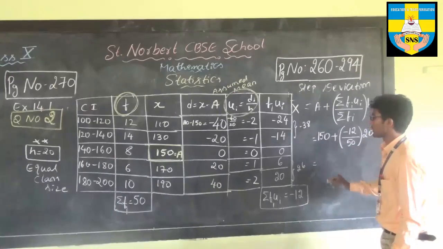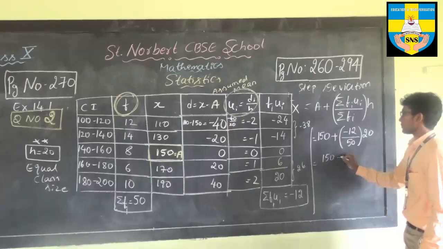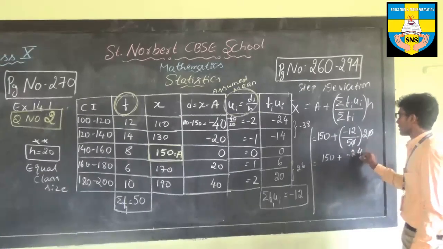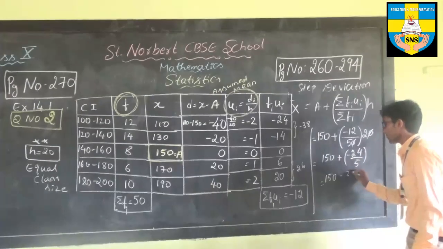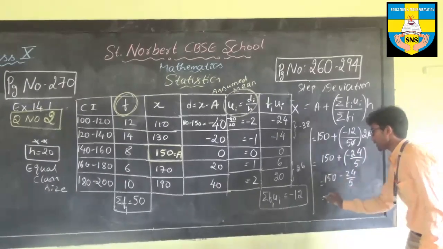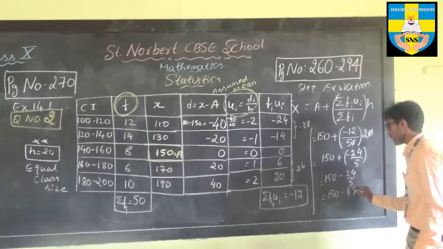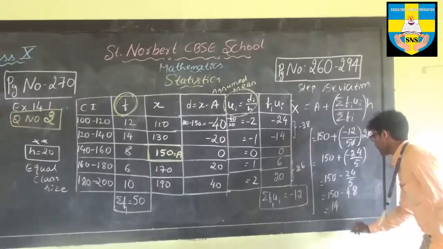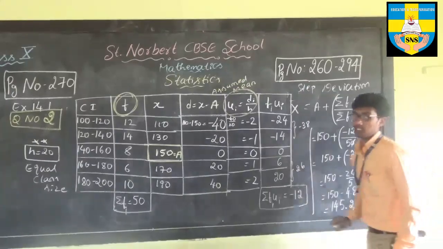So when you solve it further, 150 plus, this 0 will get cancelled. Then it is minus 24 by 5. 150 minus 4.8. Then you will have 145.2 as the answer.